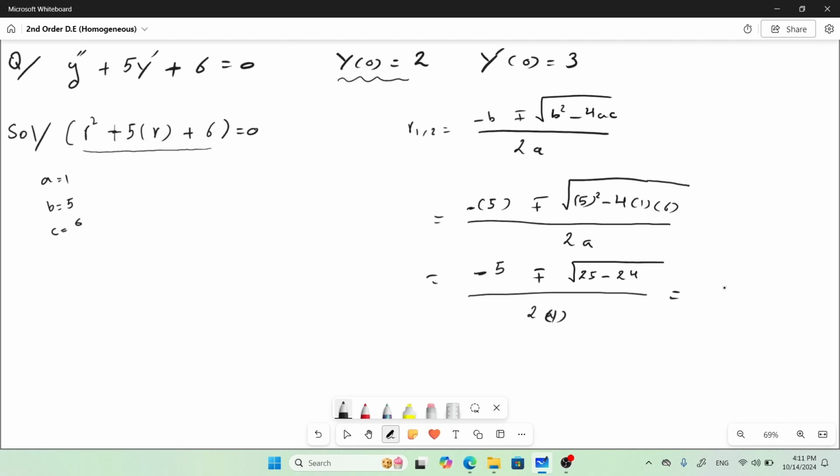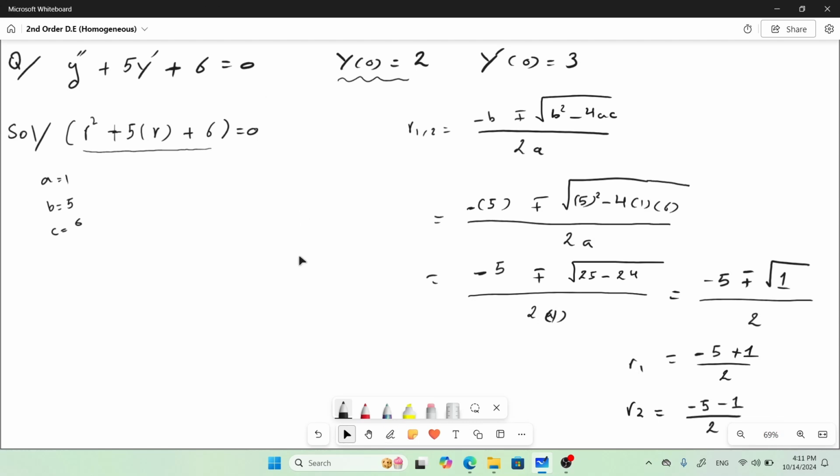So we have negative 5, plus or minus the square root of 1, divided by 2. So we are left with r1 is equal to minus 5 plus 1 divided by 2, and r2 is equal to negative 5 minus 1 divided by 2.